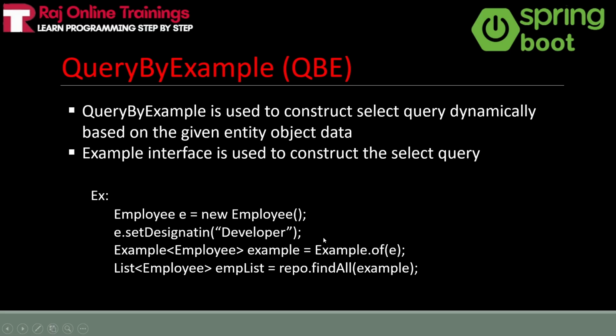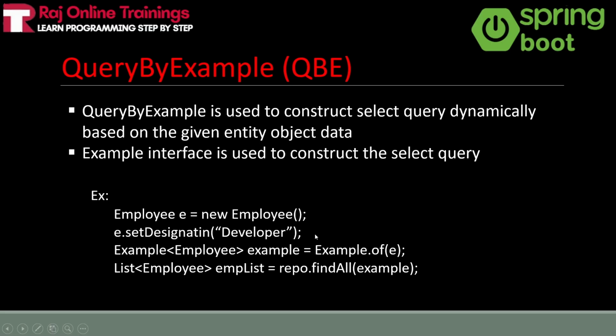That query will be constructed for us dynamically. That is the main use of going with query by example. And once we set this example, to get the list of employees based on designation developer, we have to call the method repo.findAll and pass this example object.